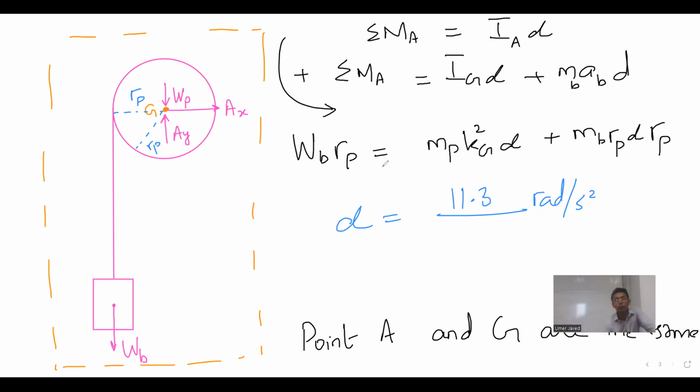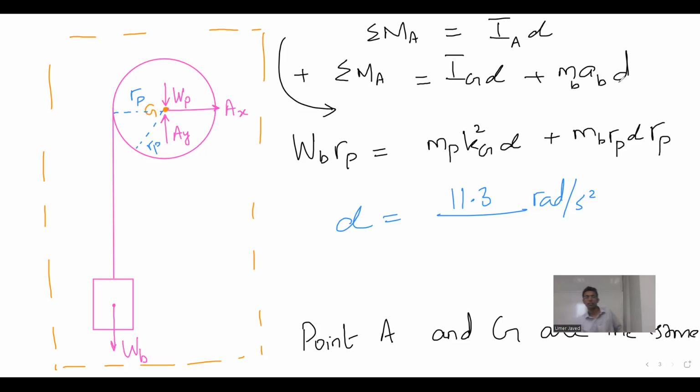One minute, but what is the problem in this and this? Summation of moment about point A is equal to I alpha. That is correct. But that is equal to Ig alpha plus MB ABD. Because you will say IA is Ig. No, it's translational plus rotational.